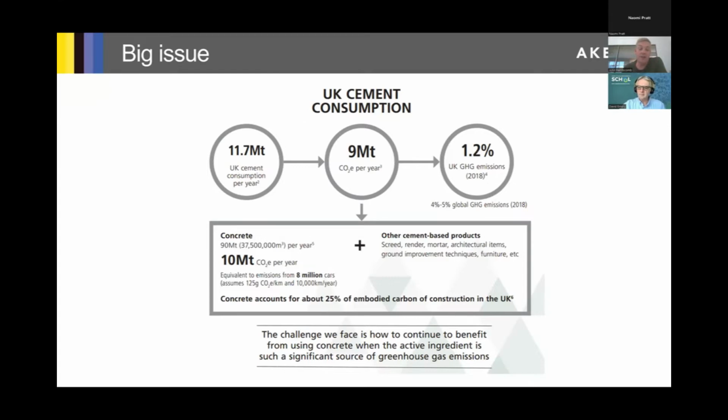It has a real Achilles heel, which is carbon, and so we need to find ways to drive out that carbon intensity both within concrete and use concrete more wisely to reduce its overall usage. So to give some comparators, our use of concrete within the UK is equivalent of somewhere between 7 and 8 million cars on our roads every year.